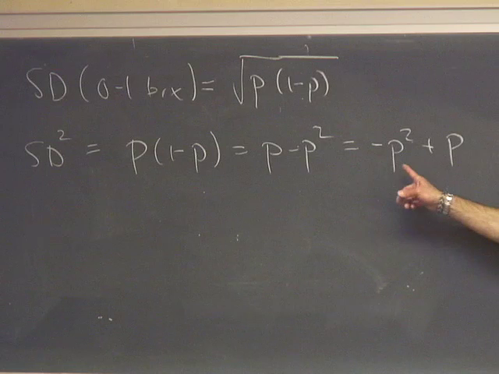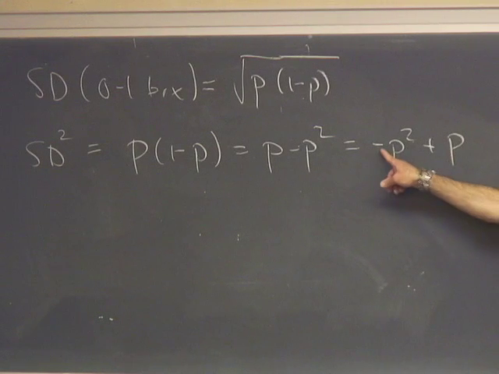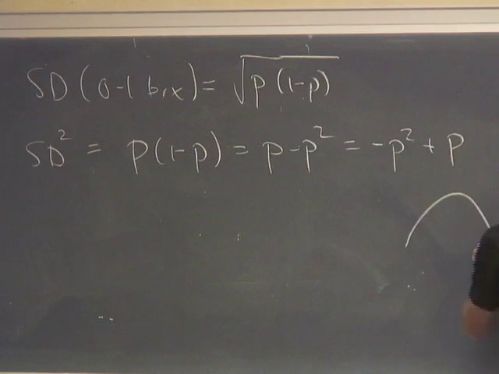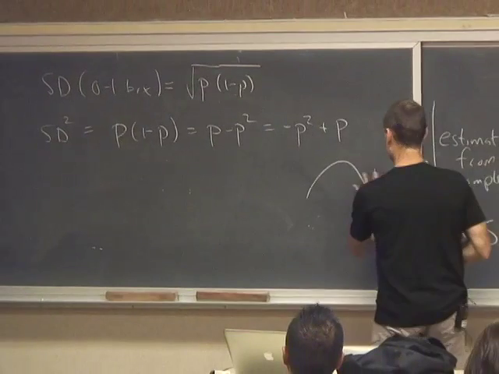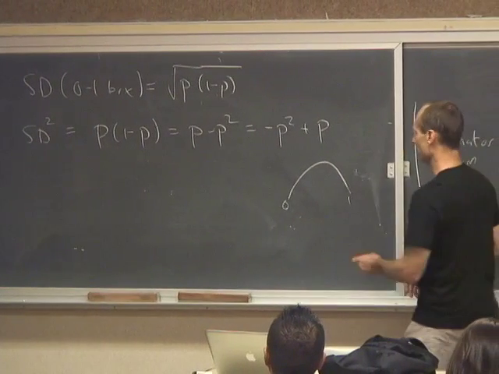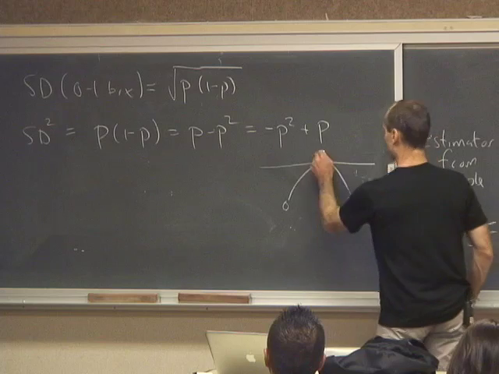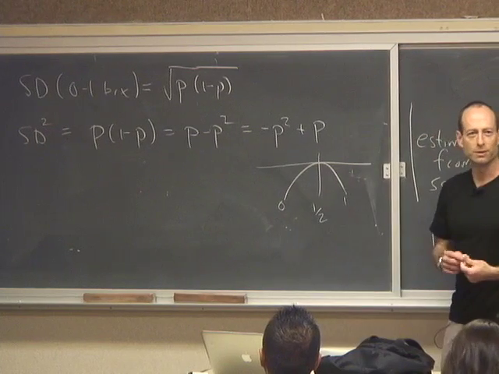And this is the equation of a parabola, right? Because the leading coefficient is negative, it's a parabola that has a maximum. As p goes between 0 and 1, this goes up and attains its maximum at 1/2. And what is that maximum?